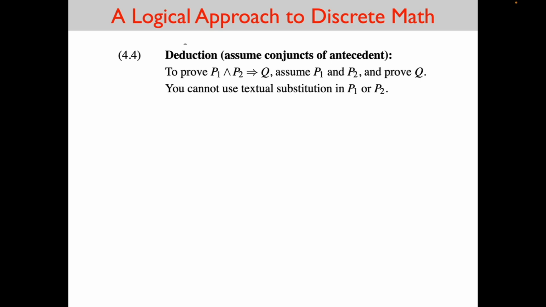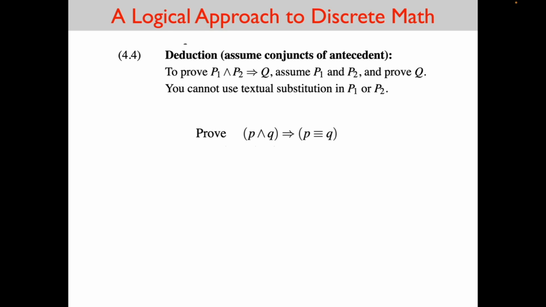Okay, so now we're going to show how this works by using an example. We are going to prove that P and Q implies P equivales Q. So that's what we are going to prove, and we are going to prove it using deduction.